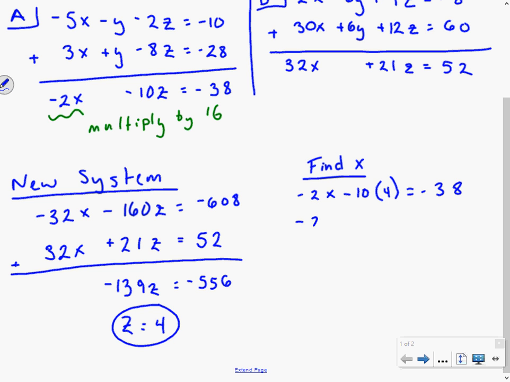We've got negative 2x minus 40 equals negative 38. We need to add 40 to both sides, divide by negative 2, so we get negative 1 as our x value. And then we're going to go back and find y now.